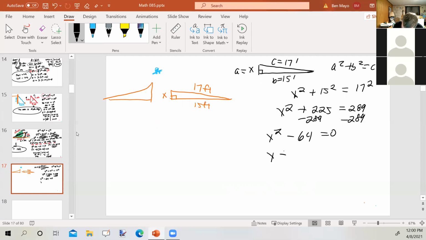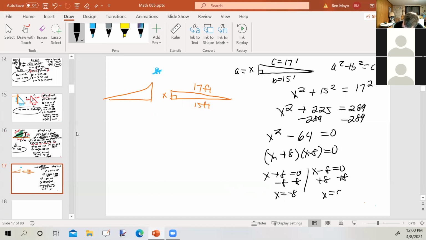So then we've got the difference of two squares again. So if x plus 8 equals 0, then subtracting 8, x equals negative 8. If x minus 8 equals 0, adding 8, x equals 8. Again, it's a distance, yada, yada, yada.